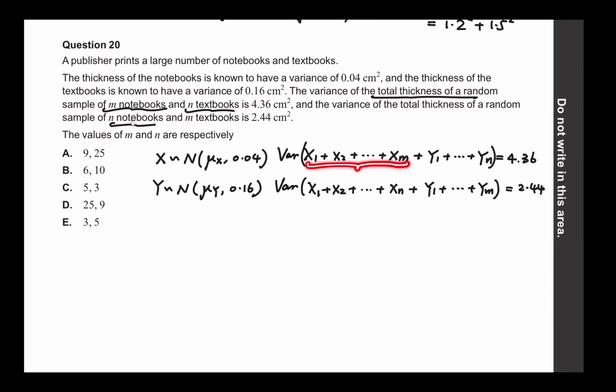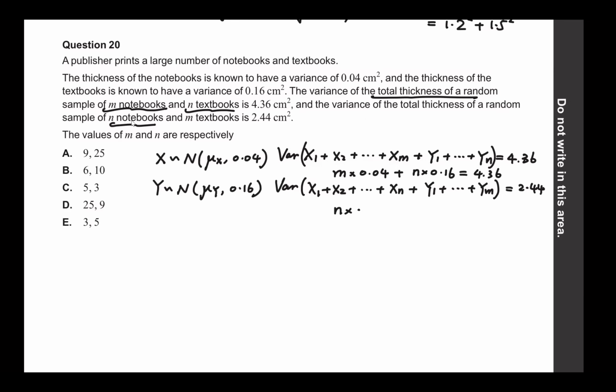So there are M lots of identical variance X, N lots of identical variance Y. So M times 0.04 plus N times 0.16 equals to 4.36.